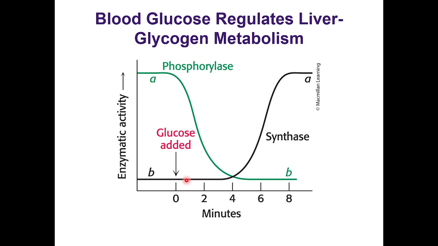Okay. And so what's going to happen is this is going to cause a cascade, which will eventually lead to conversion into the active form of the synthase, right? And so we're going to have a ramp up. It's going to be fairly rapid and exponential for active synthase, right? That's what you're seeing here. That's that A versus B.